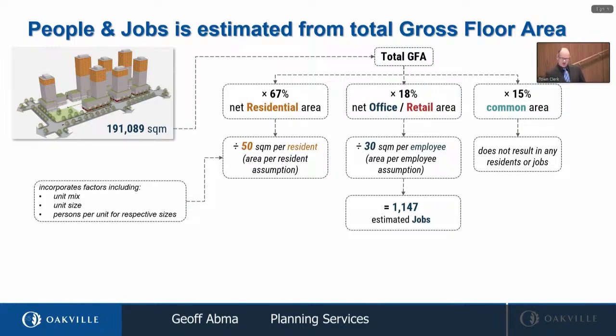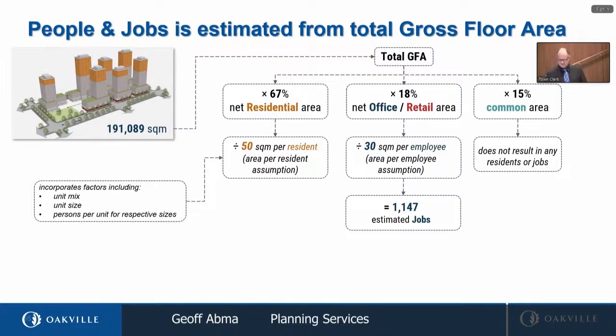So, to verify that the 50 square meters is a fair assumption, we've incorporated PPUs from our DC background study, unit mixes similar to requiring a 35%, 65%, as well as using average unit sizes that we have in some of the studies, say for example in the hospital district.